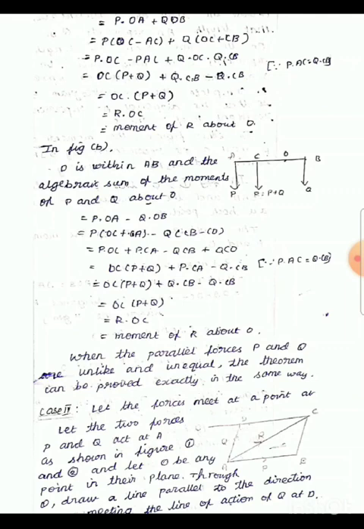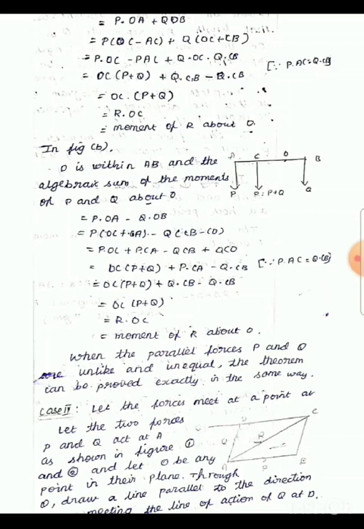Here OA can be written as OC minus AC, and OB as OC plus CB. We get P of OC minus AC plus Q of OC plus CB. Multiplying out, we get P dot OC minus P dot AC plus Q dot OC plus Q dot CB.